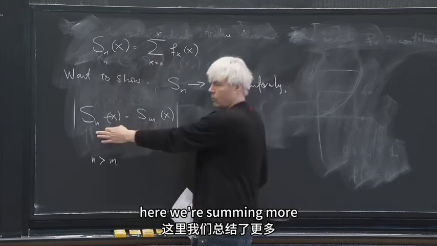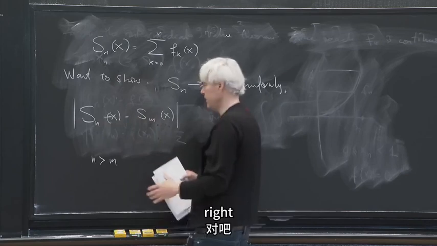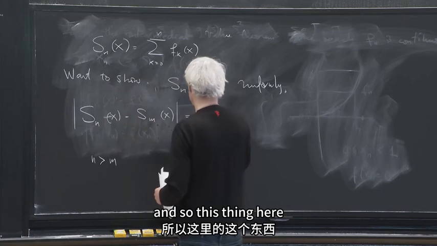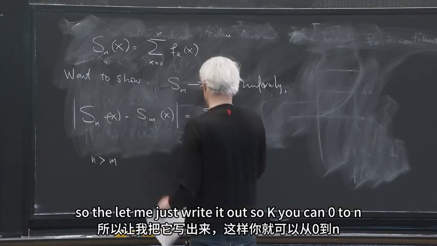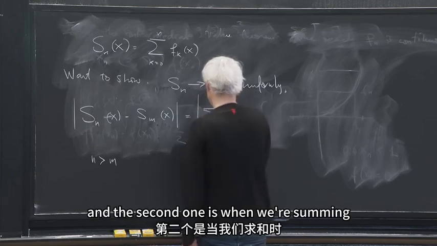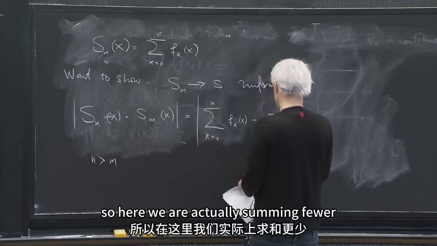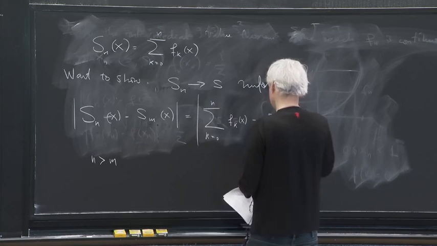Here we're summing more, those same terms but also some more, right? So let me just write it out. The first is the sum from k equals 0 to n of f_k of x. And the second one is when we're summing, since n is bigger than m, actually summing fewer.